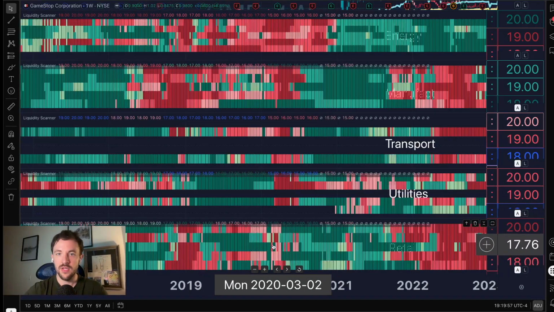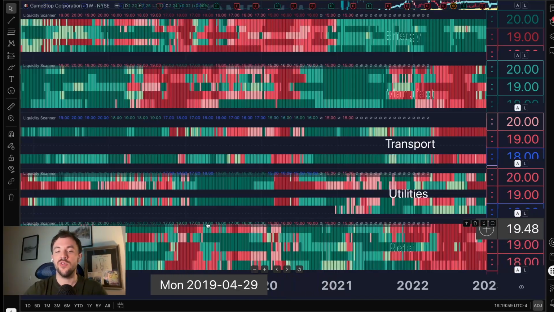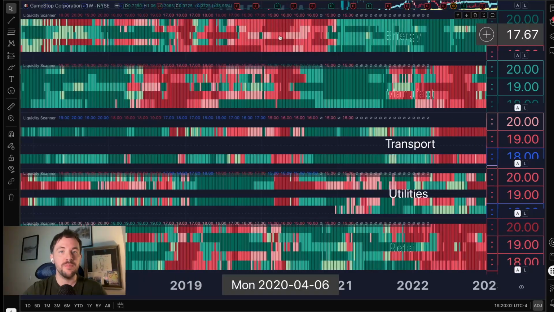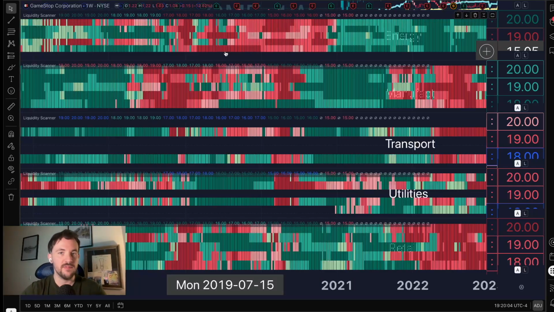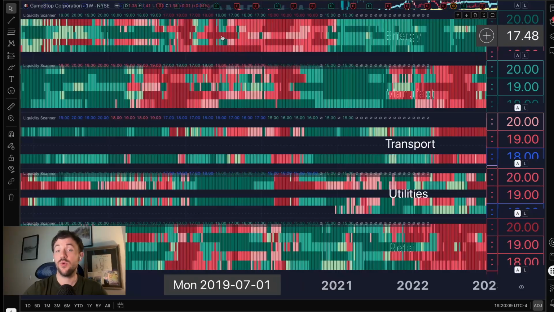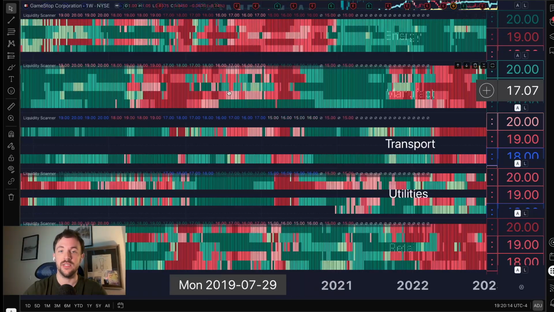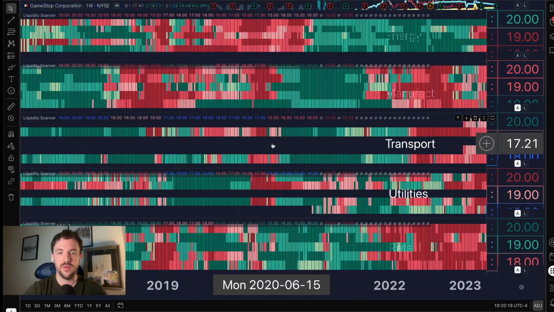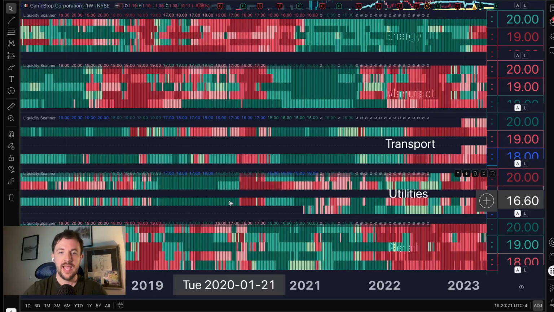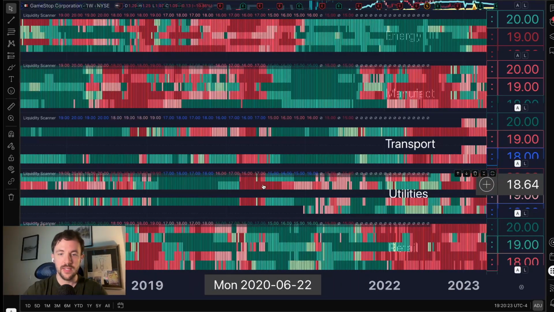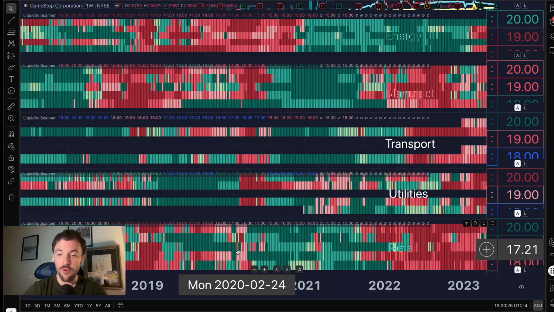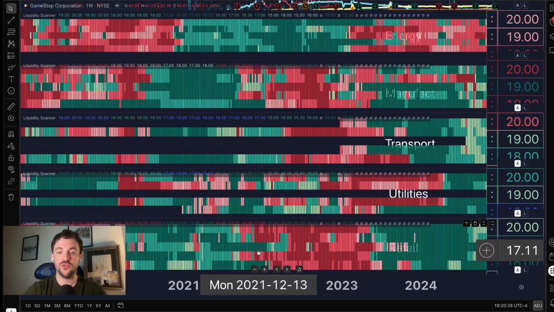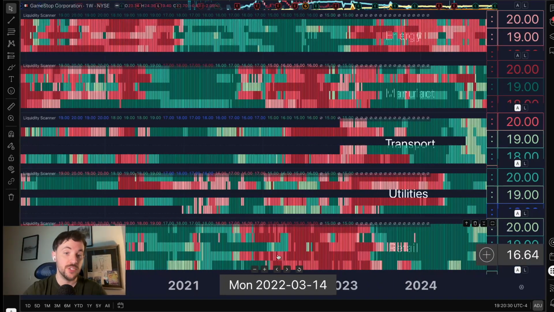But on the weekly view, it looks like there was a lot of instability in the market. 2020 obviously happened with the big COVID crash, but in terms of liquidity in the market, the instability was predominantly located within the utilities and manufacturing, and a little bit in transport, but we don't have some of the data. The utilities suffered for a little bit, but retail overall didn't really suffer a strong bearish introduction until 2022.